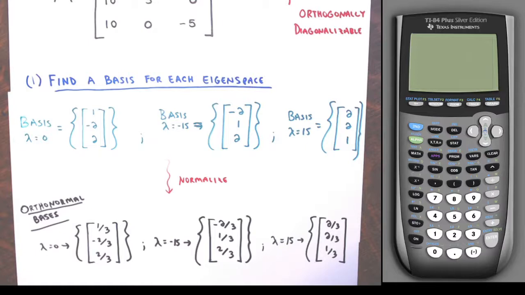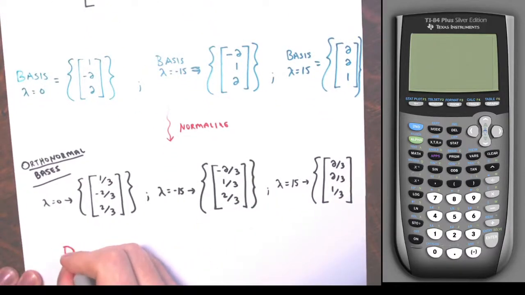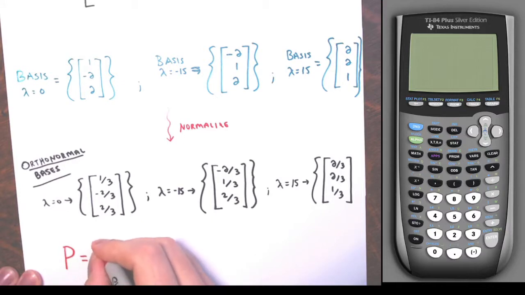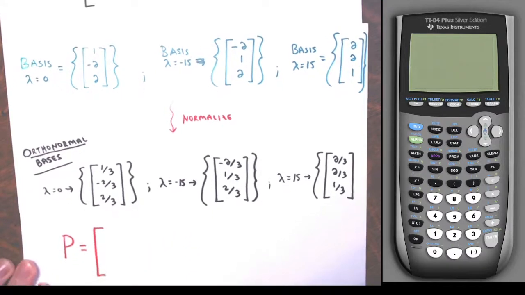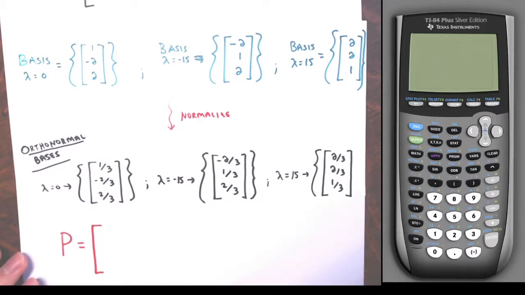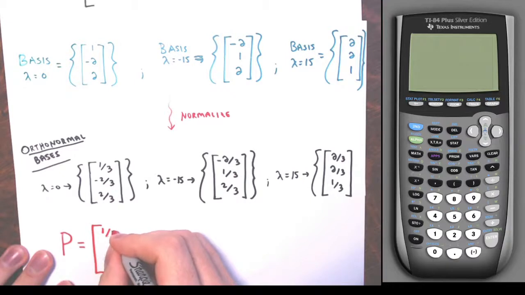So the matrix P that we construct will be an orthogonal matrix, meaning the set of all the columns form an orthonormal set. Here's the first column: 1/3, negative 2/3, and 2/3.